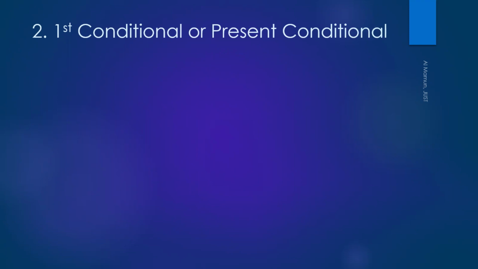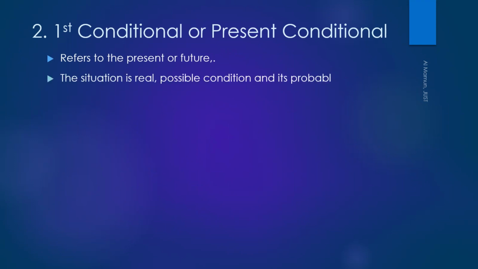The second type of conditional is called first conditional or present conditional. It refers to the time of the present or future. The situation is real and possible, that is, a condition is possible to be met, and the result stated in the second or main clause is also probable.